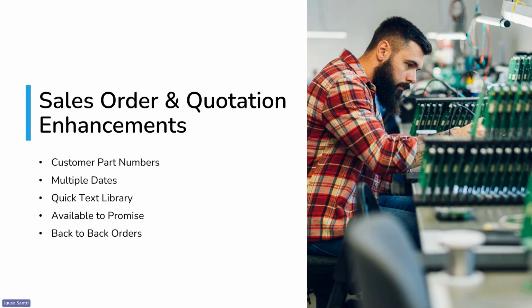And then we are not going to look at that, but back-to-back orders can be quite a big thing. So you create an order and you can create the linked works orders directly from there, which is hard linked to the sales order or a quotation if you wanted to.